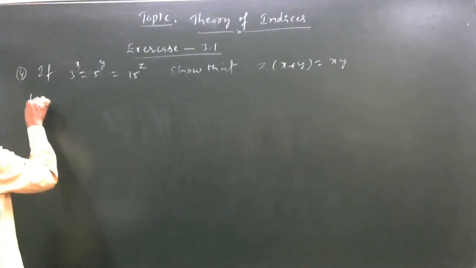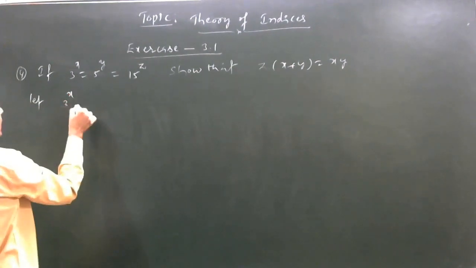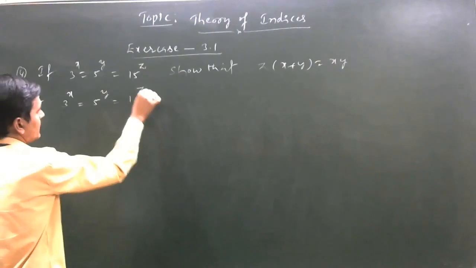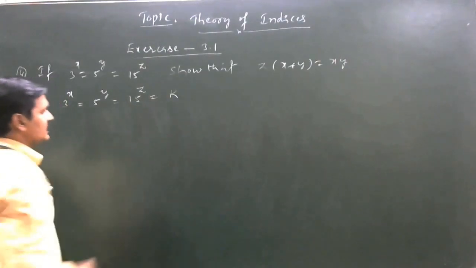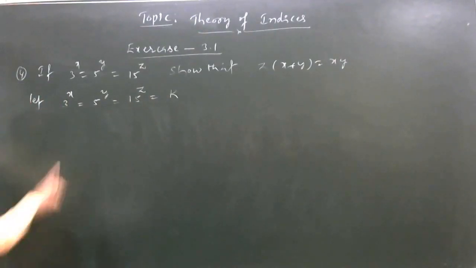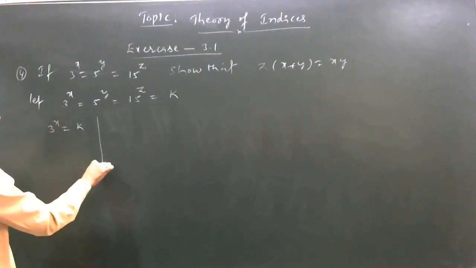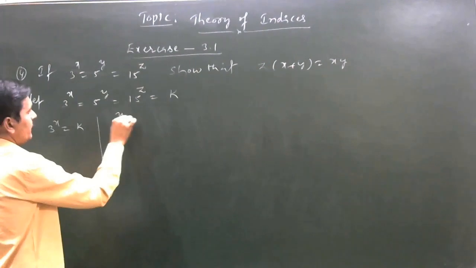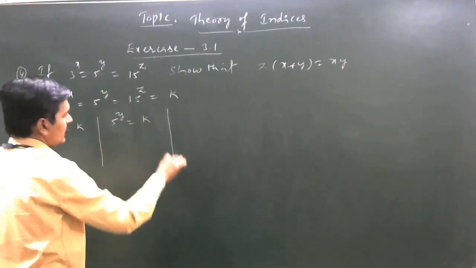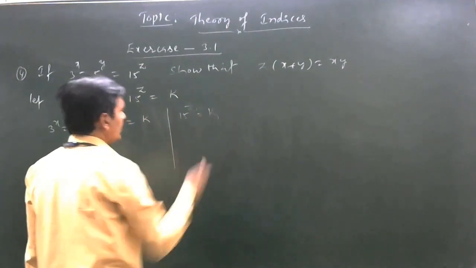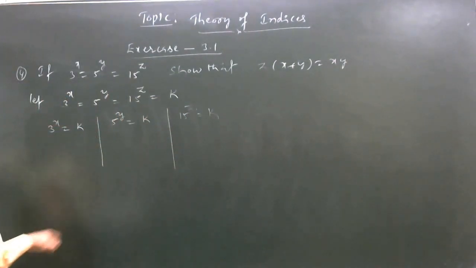First, let 3^x, 5^y and 15^z be equal to k. By equating, 3^x equals k, 5^y equals k, next 15^z equals k.